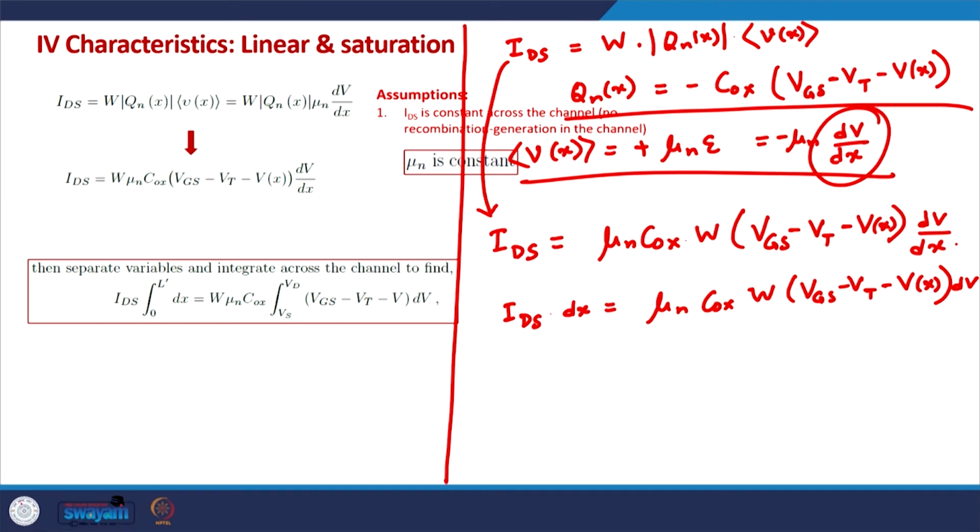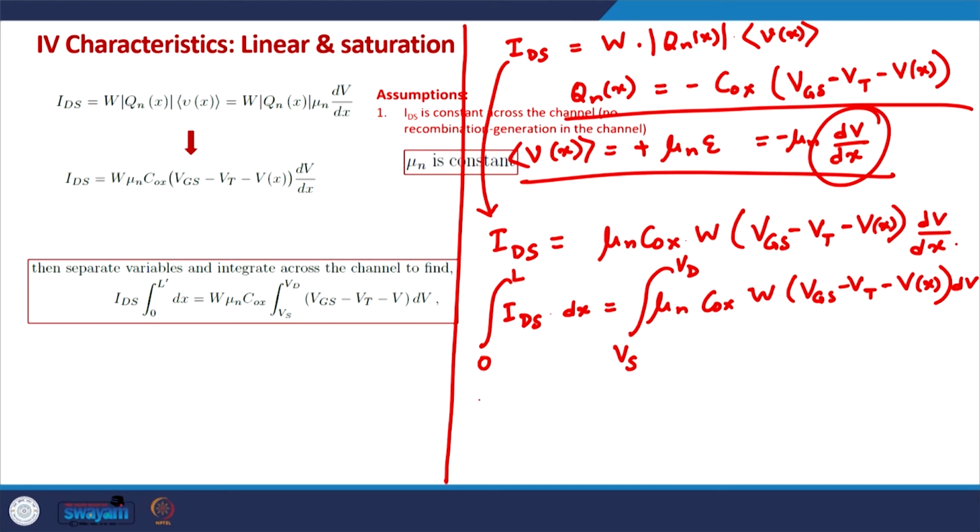So, if we integrate this equation across the channel, from 0 to L, on the right side the voltage will vary from Vs to Vd.